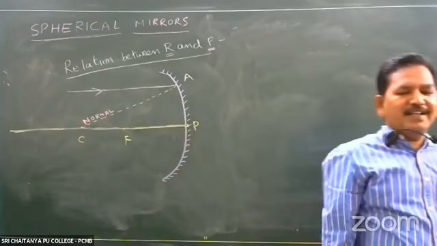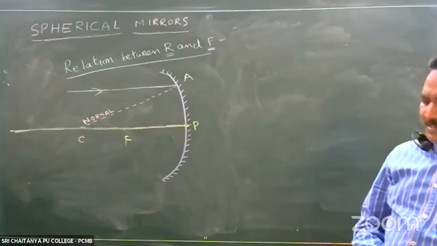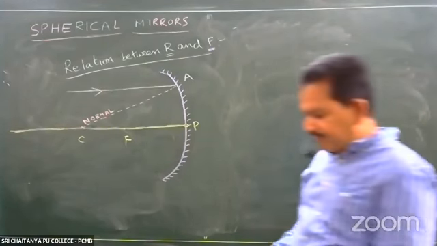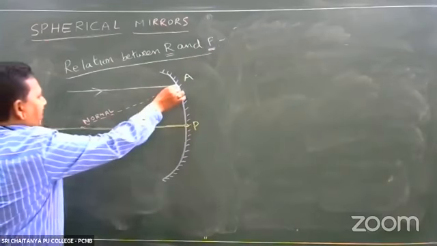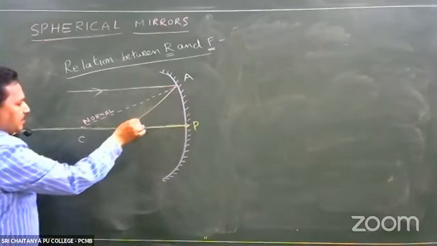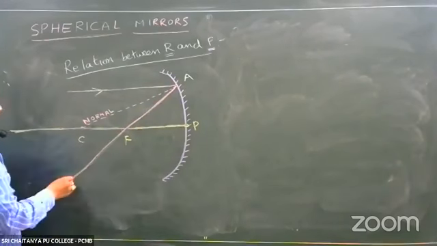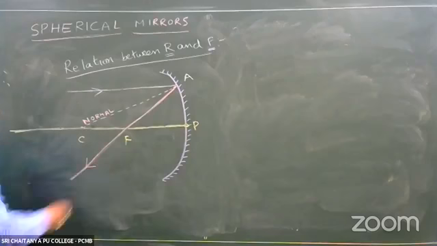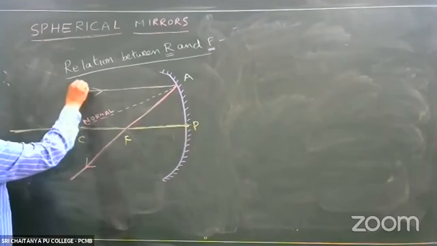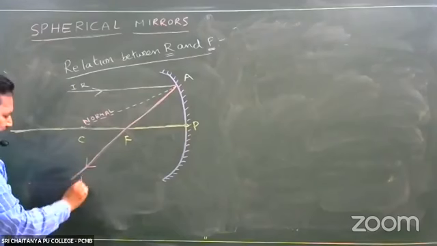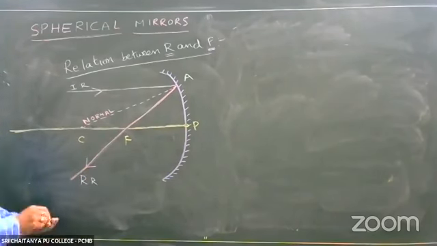Whenever the light ray is incident on the mirror parallel to the principal axis, after reflection it passes through the principal focus. This is the incident ray. This is the reflected ray after reflection from the mirror.